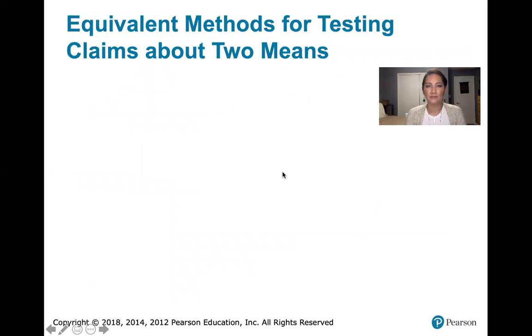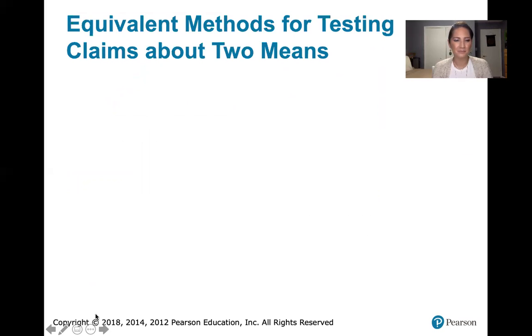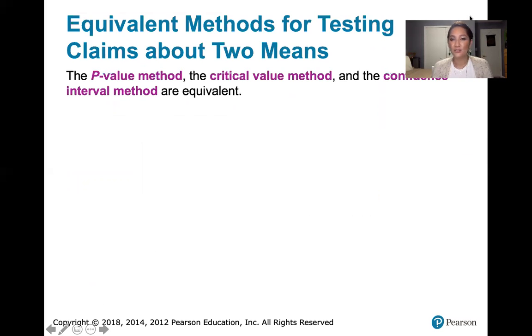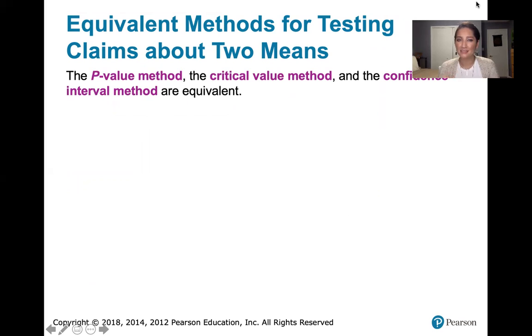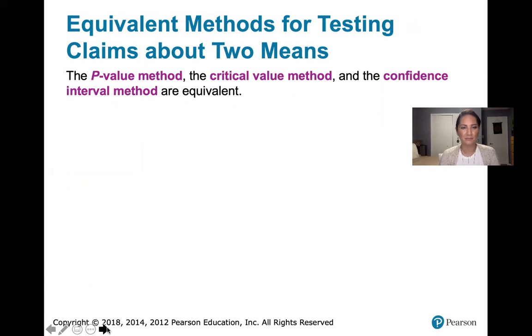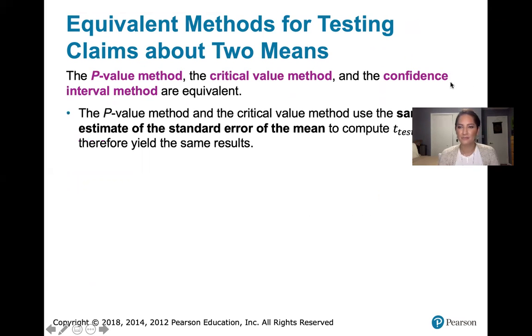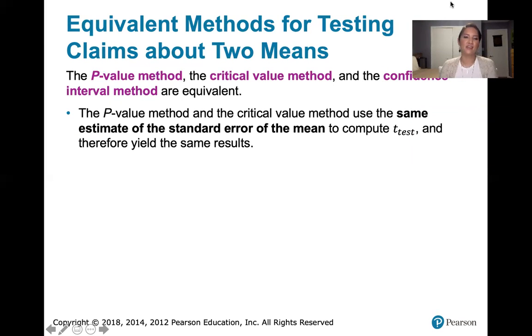Now we're going to talk about equivalent methods for testing claims about means on this slide. It turns out that when you're talking about two means, the p-value method, the critical value method, and the confidence interval method are all equivalent to each other. One justification for that is that the p-value method and the critical value method use the same estimate of the standard error of the mean, or the standard deviation of the sample means, to compute our test statistic t.